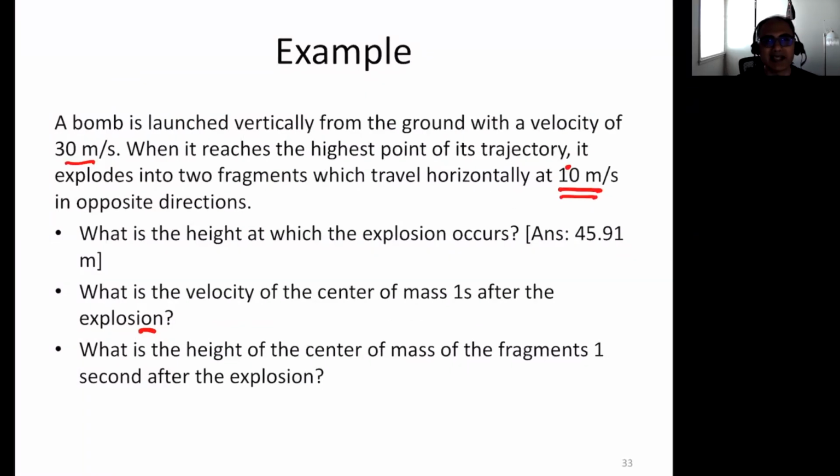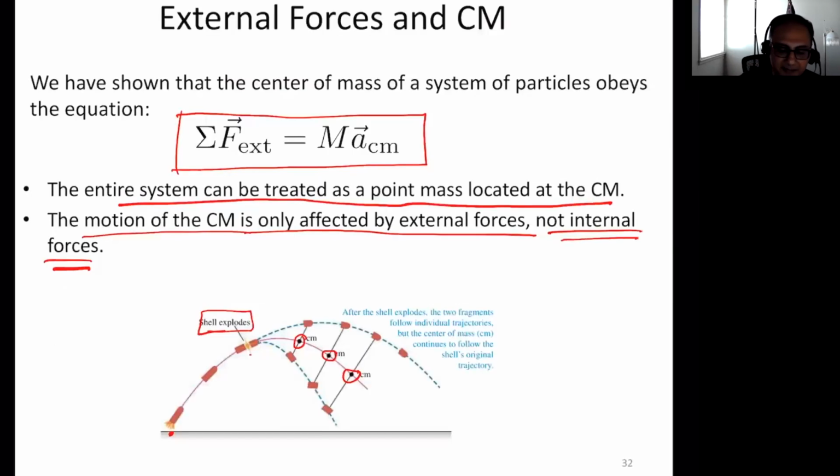This kinematics method is not the only way. You could use other kinematic equations as well. But the point here is that it just reduces to a very simple kinematics problem if you remember that the motion of the center of mass is unaffected by internal forces. It's only affected by external forces.